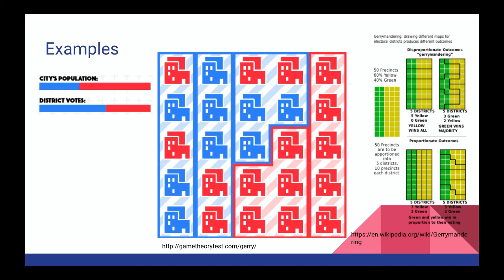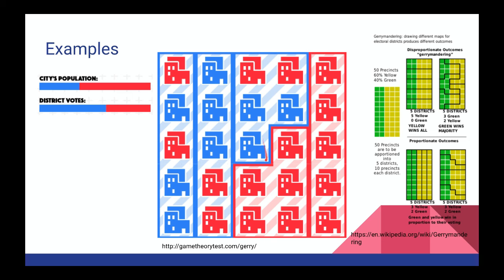Why is that? Well, because blue has used mathematics, because blue has perhaps used algorithms, because blue has managed to use the two principles. First principle, packing. You see those two districts all packed. You don't have any blue voters.